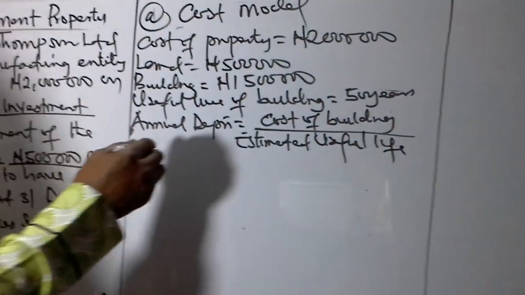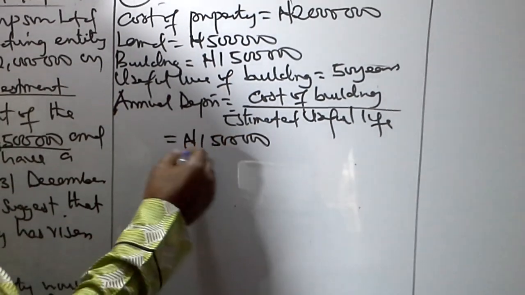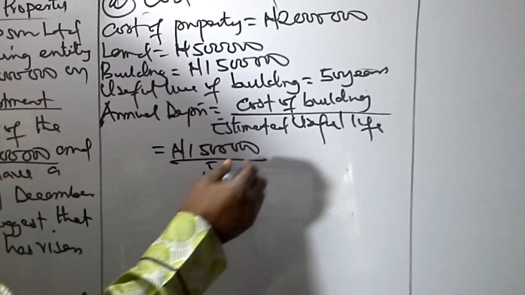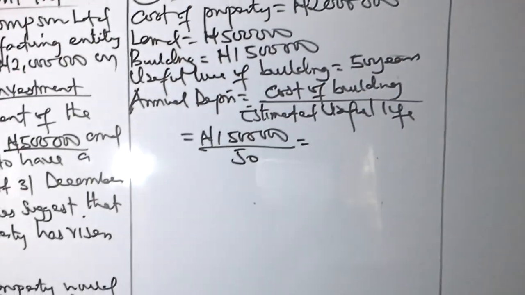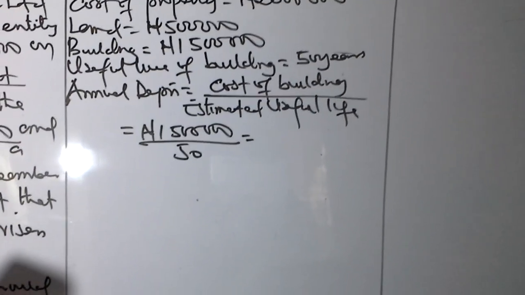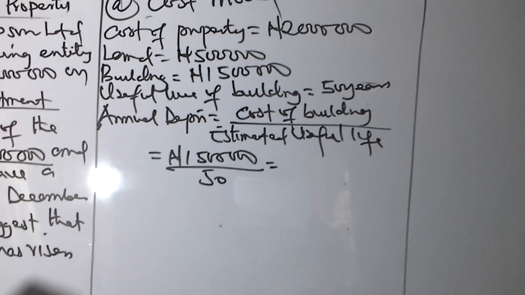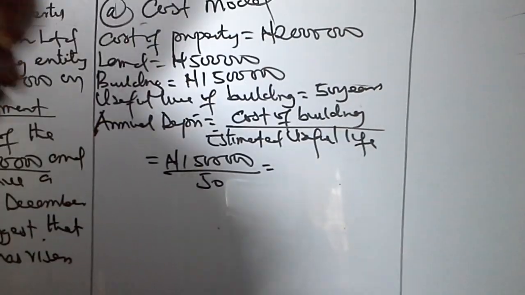So the building cost 1.5 million over 50 years. So how much do you charge per year as depreciation? You are charging 30,000.